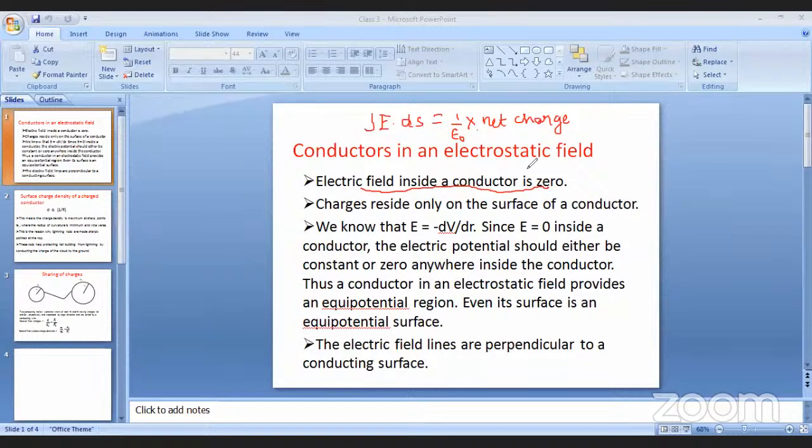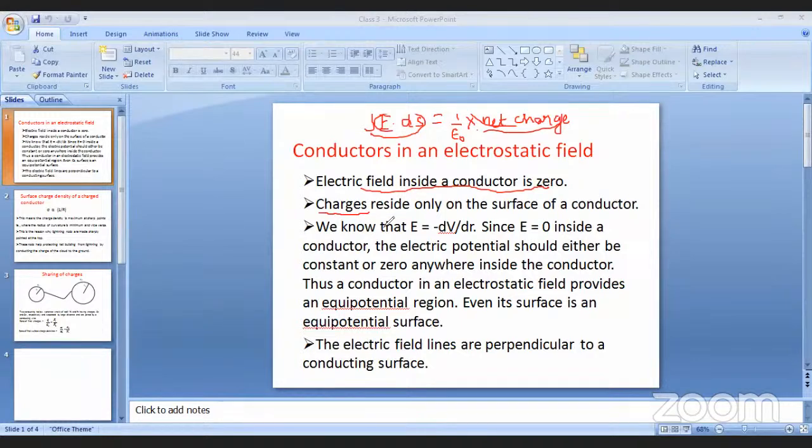So the integral on the left hand side of this equation becomes zero, and due to that, on the right hand side the net charge will become zero, because 1 by epsilon naught can't be zero, as epsilon naught is a constant. So the electric field inside a conductor is zero. That means the net charge inside the conductor is zero, and the charges can reside only on the surface of the conductor.